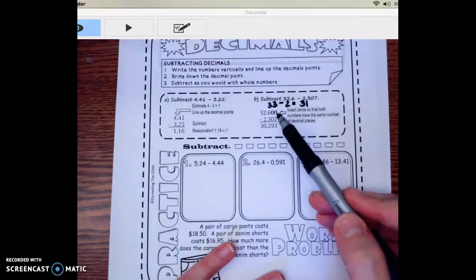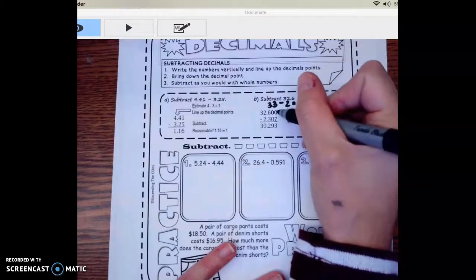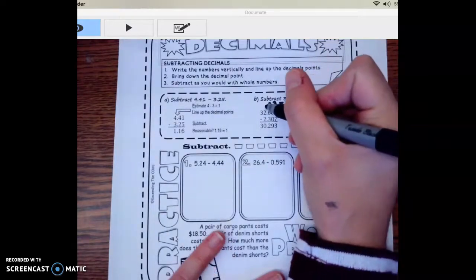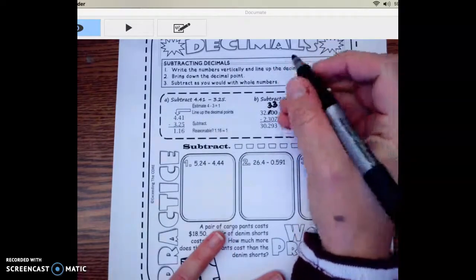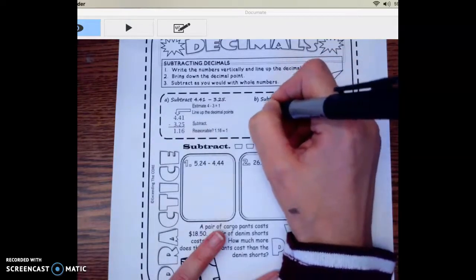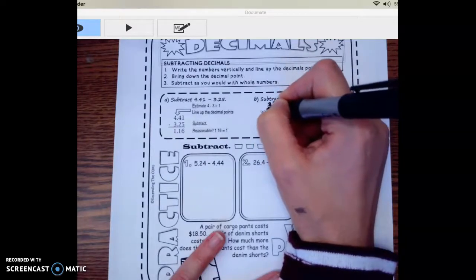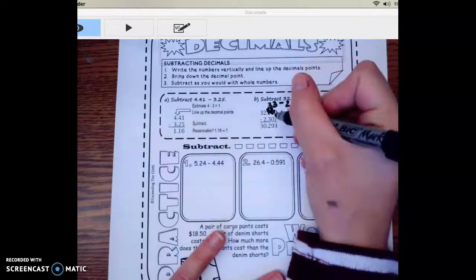So they didn't show their work here, but they would have had to. 7 can't be taken away from 0. They would have had to come over and subtract a 6, make that a 5. That 10 would have become a 9, and then that 10, it would have made this last one a 10.